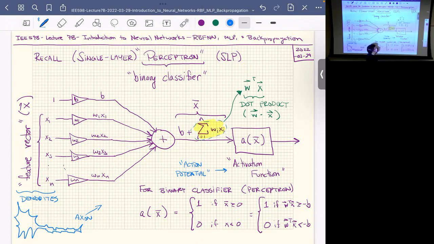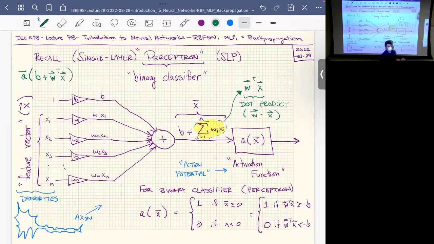But I just want to emphasize that this is just an abstraction. When you actually implement an artificial neuron in software, you don't traditionally build an architecture that looks like this, you just implement the math. Really all an artificial neuron is inside the computer is this activation function operating on the sum of the bias term plus the weight vector times the feature vector.